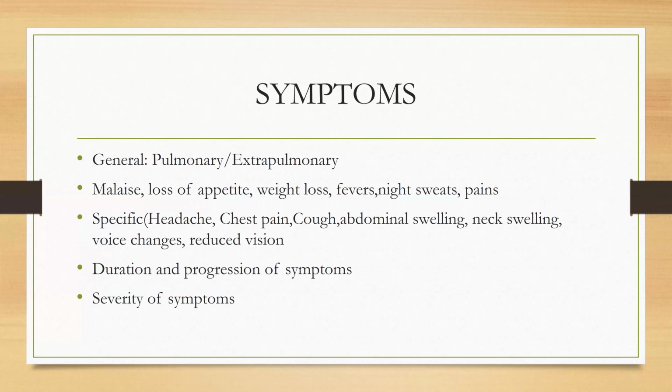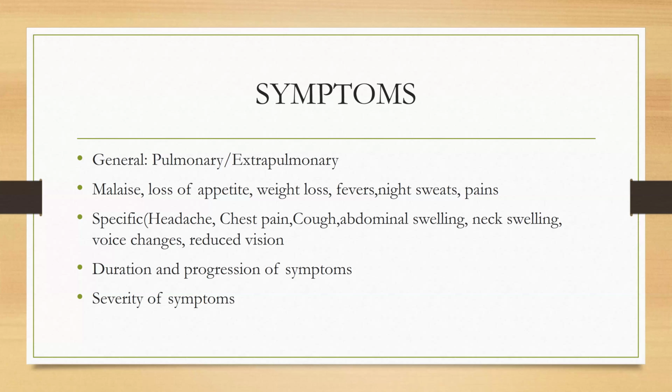Then there are the specific symptoms, which are related to the part of the body or the system that could be involved. If someone is likely to be having TB meningitis, they will present with a headache. If it's pulmonary TB, they will have chest pain and a cough. If they have TB peritonitis, they may present with abdominal swelling, and they may present with ascites and so on.